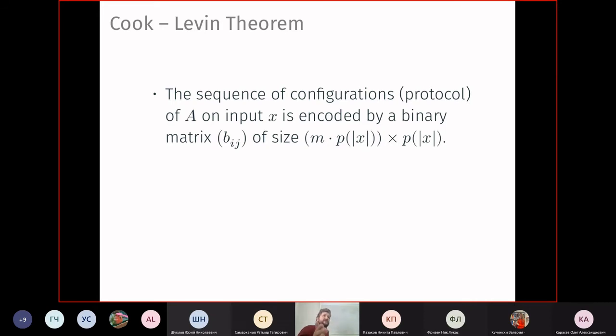But the width is also bounded. It should be 2m multiplied by P of X, because we have states and we have letters, but nevertheless the total number of cells we could have used in our computation is also bounded by P of X. Because in order to access a new cell, which was blank, and put something there, we have to reach it.